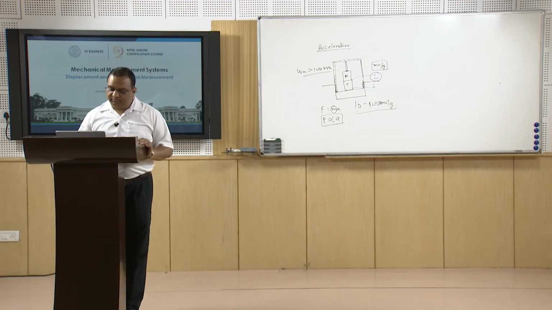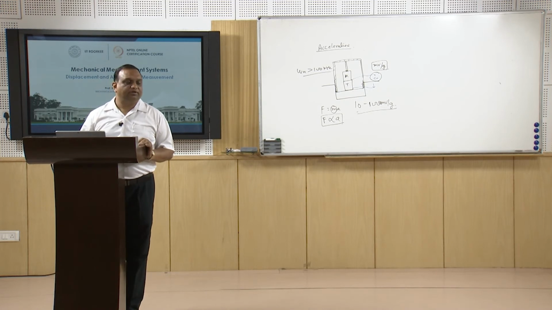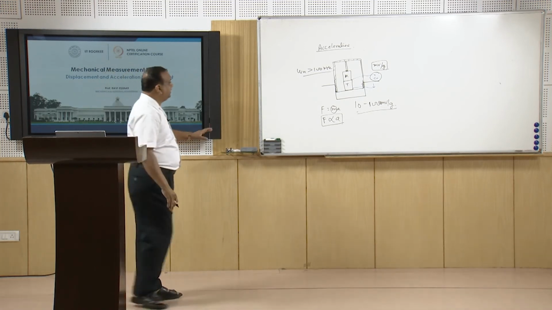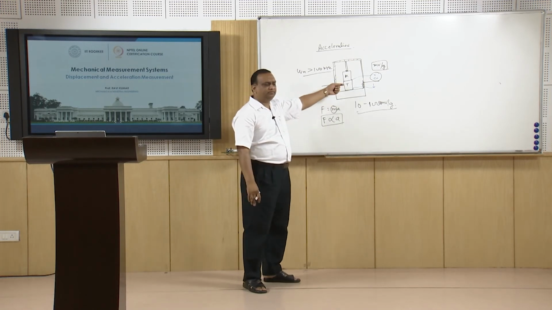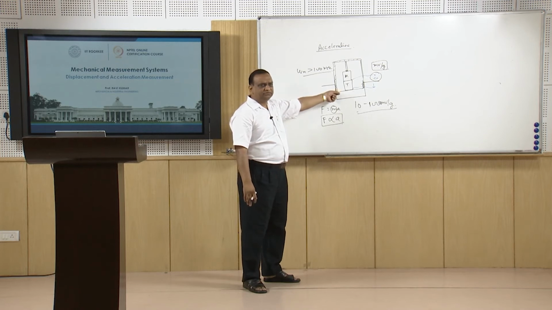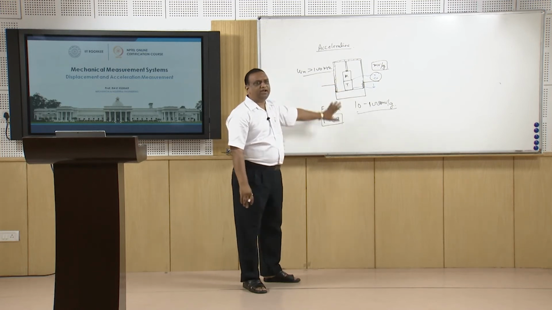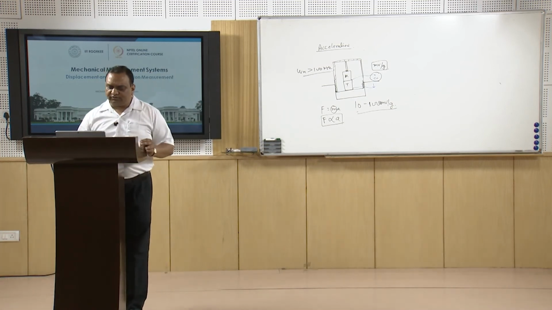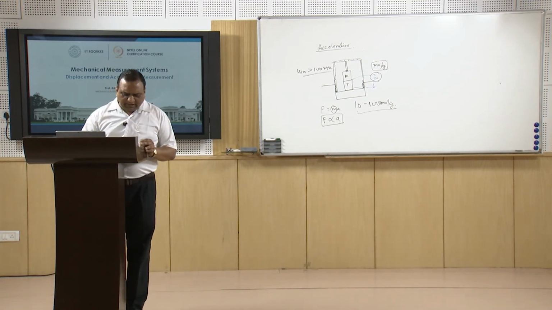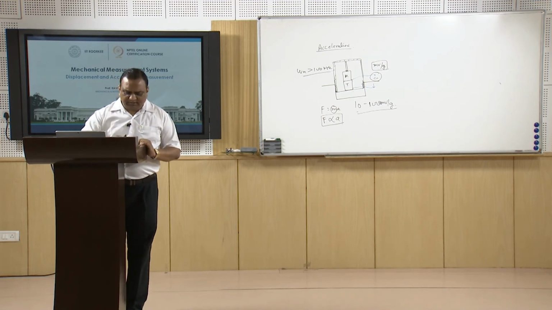And the benefit of this type of accelerometer is they are very light in weight, because the primary sensing element may be 5 grams or 10 grams. So they are very light in weight. That goes in favor of this type of transducer. Now, another type of acceleration measuring transducer is the seismic type.